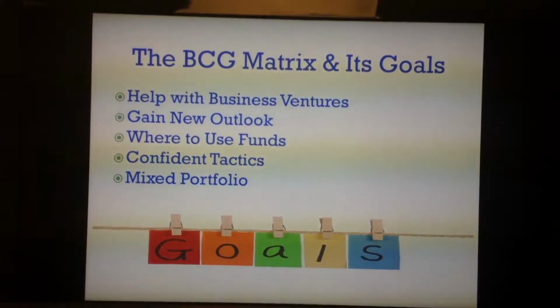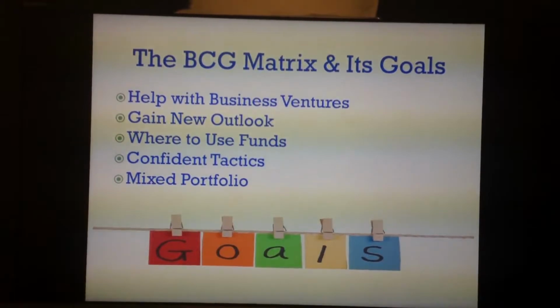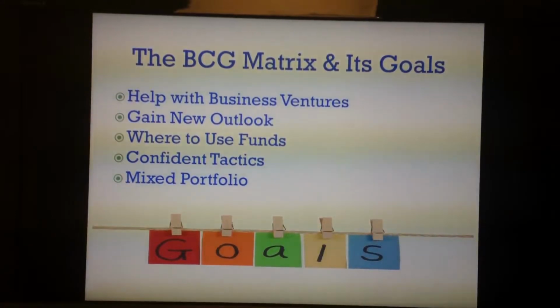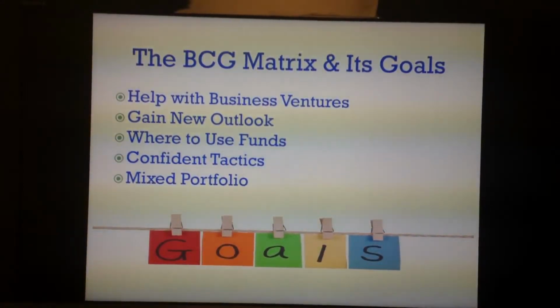In 1970, the BCG claimed that a company had to be well-diversified and maintain a balanced portfolio before it could maximize its strengths to capitalize on its growth opportunities.